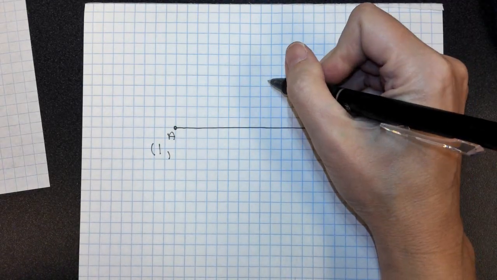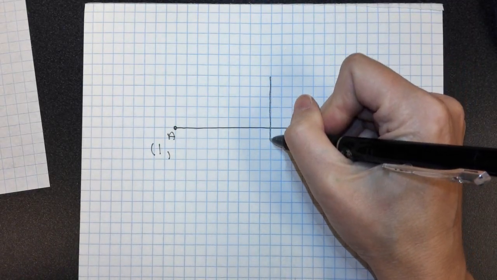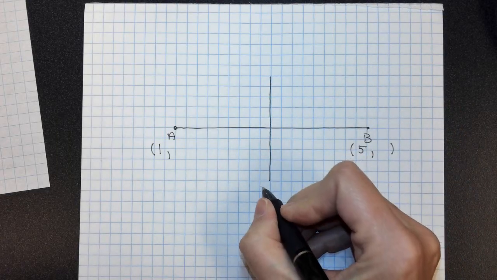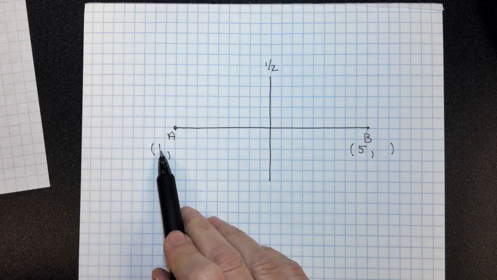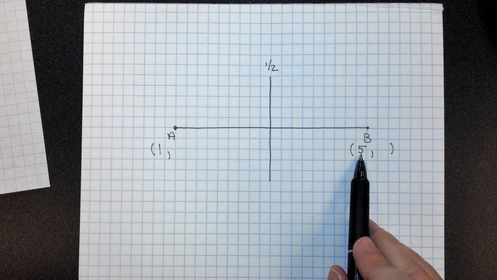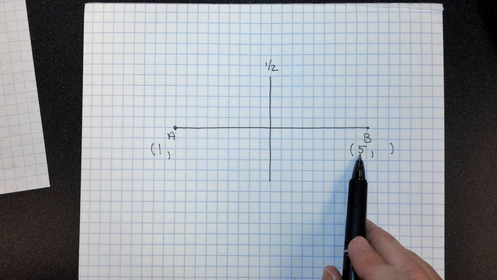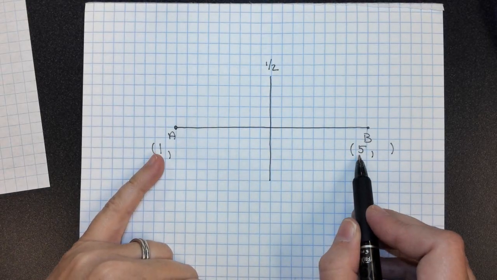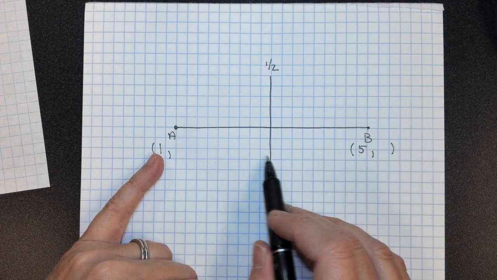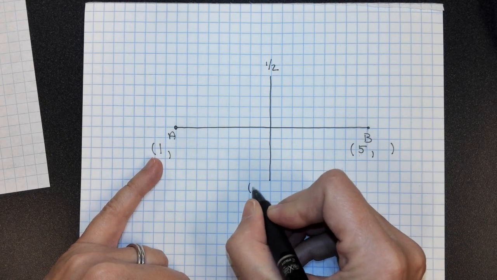So if this is half the distance, I'll write half distance here. The difference is 4, and I have to cut it in half. So 1 to 5 is 4, cut in half is 2, and I have to add that on to the 1, so I get 3.